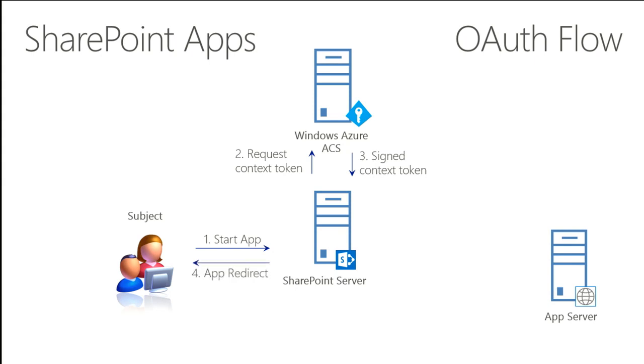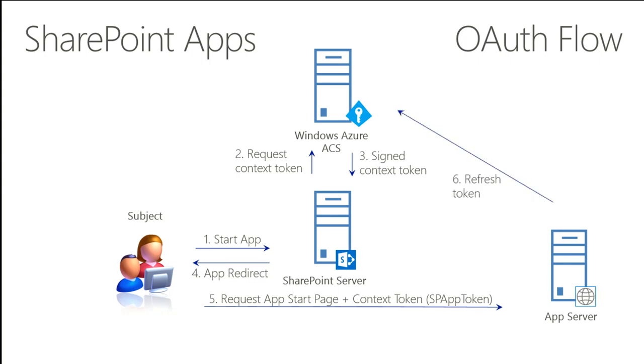Then SharePoint will give back to the end user, to the subject consuming the app, an app redirect request in order to redirect the web browser of the end user to the real app server, which will publish the app. And inside the redirect request, we'll inject an SPAppToken field, which will typically be an input type hidden field inside a form. The app server will use that app token to request an access token from ACS, and of course to get it back.